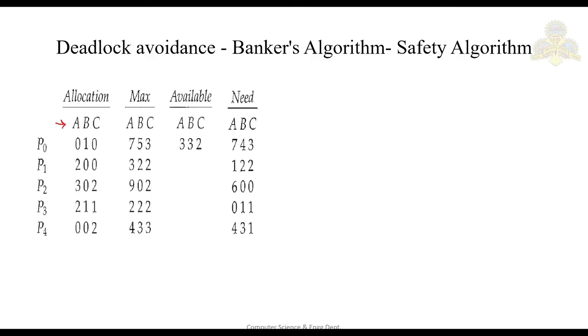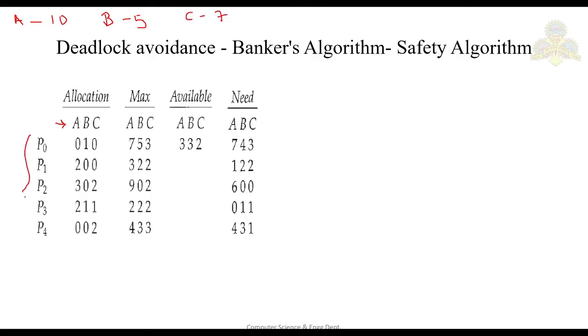So we have altogether 3 resources in the system, A, B and C. Suppose the total available instances of resource type A are 10, the total available instances of resource type B are 5, and the total available instances of resource type C are 7.